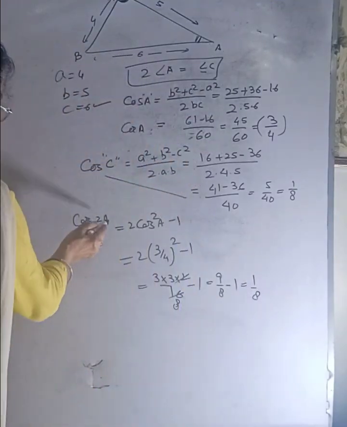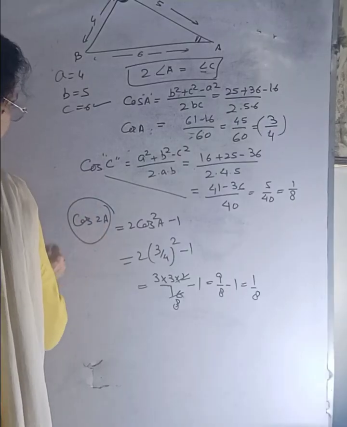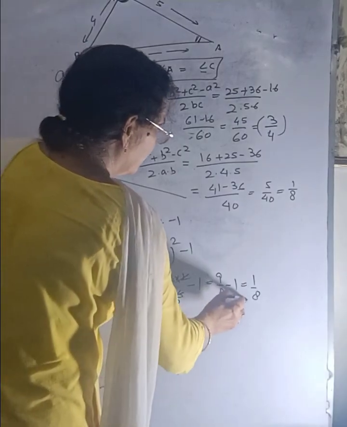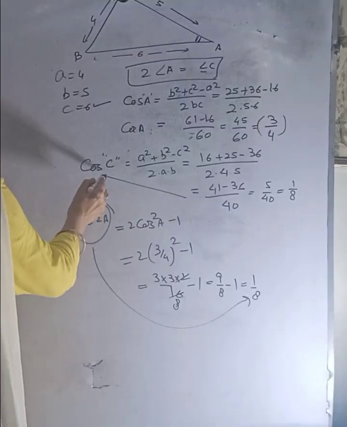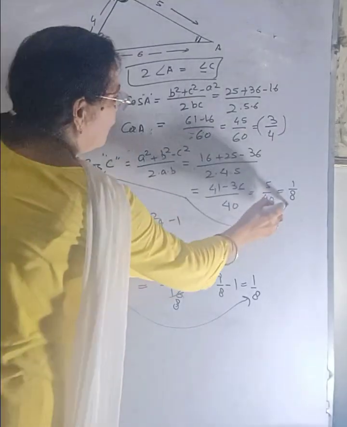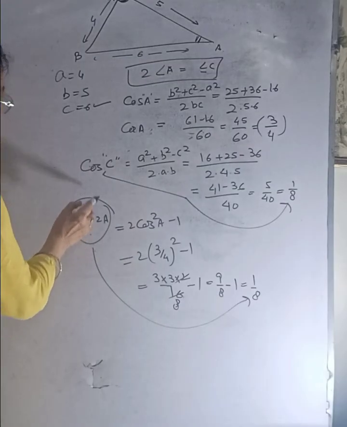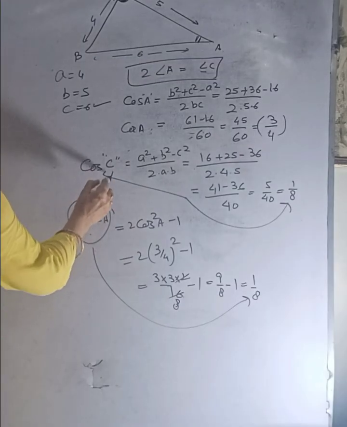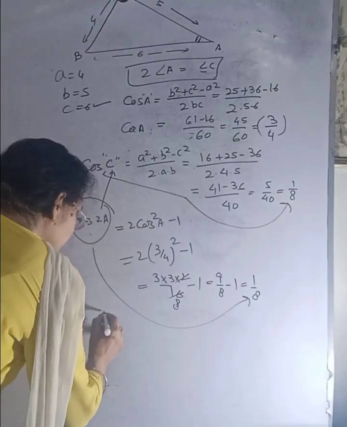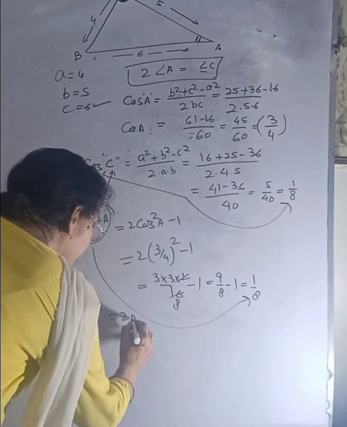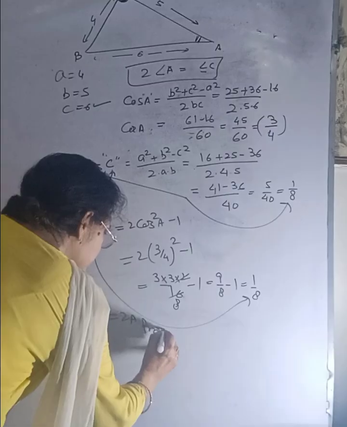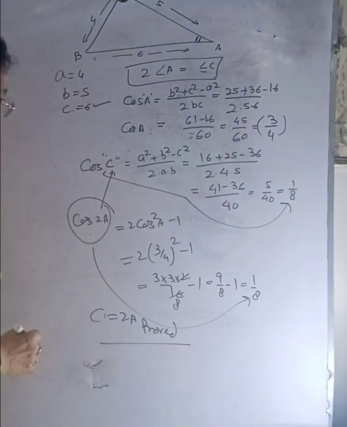Look here, this is cos of 2A equal to 1 upon 8. This is cos of C equal to 1 upon 8. It means both have the same cos value. It means 2A will be equal to C. It means C is equal to 2 times A. Proved. Okay?